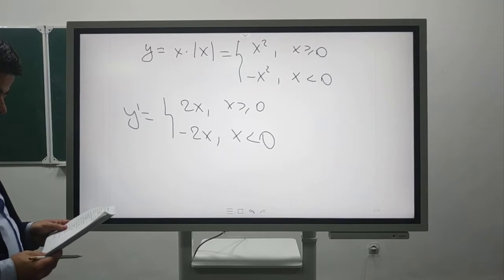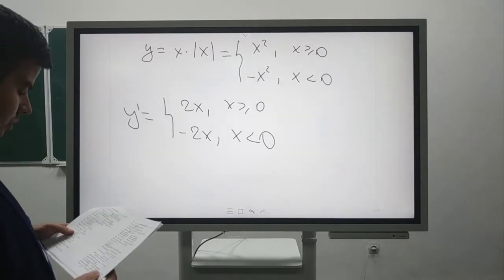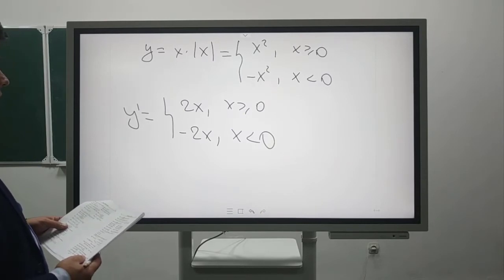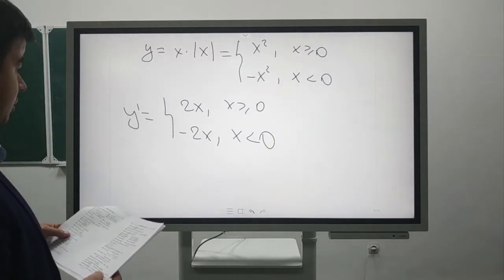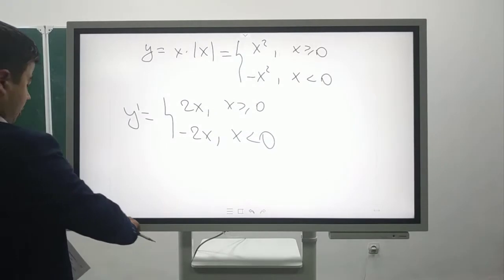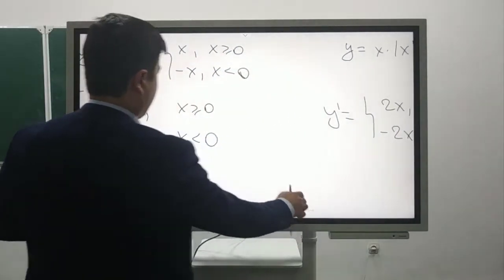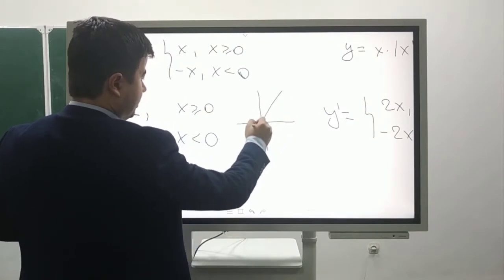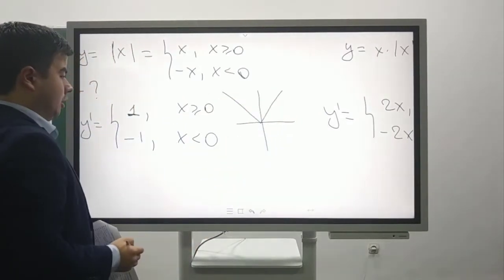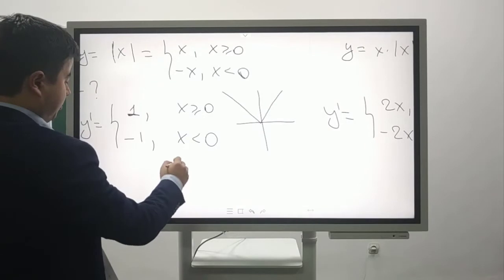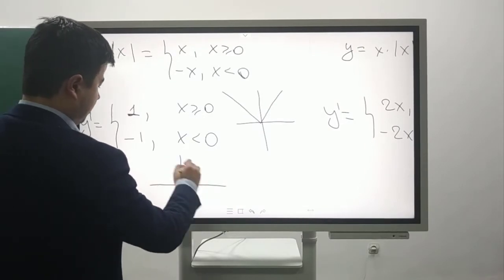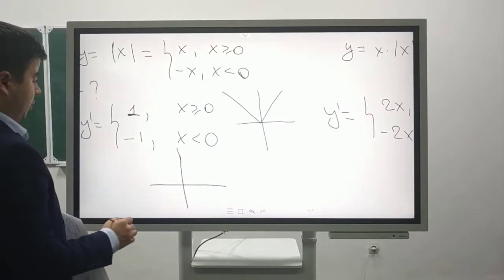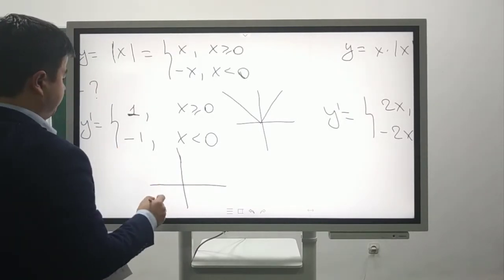Okay, and here also we need to construct the graphs of these functions. So, functions y and y derivative. If it is an absolute value function, the graph of this function is this one, and in y prime it is minus 1 and 1.